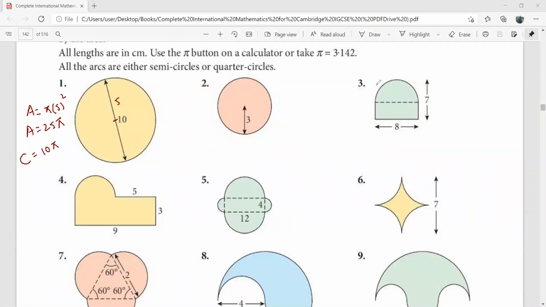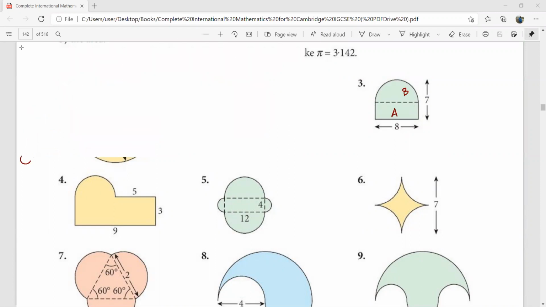If you move on to this third question, find the area of this shape. If I call this shape A and this shape B, shape A is the rectangle and shape B is a semicircle. Let me cover this. In this mensuration, you have to go by planning.